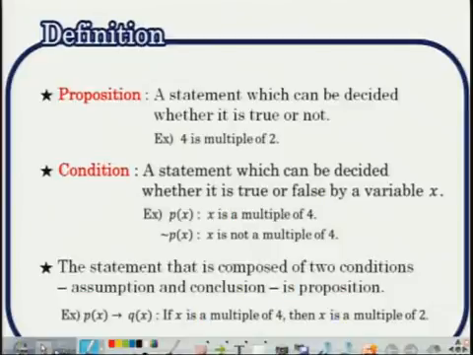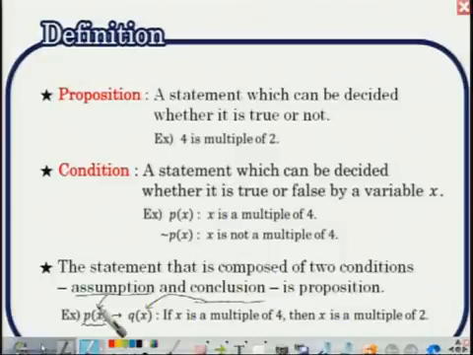A statement that is composed of two conditions, an assumption and a conclusion, is a proposition. For example, this p(x) is a condition that is the assumption, and this q(x) is also a condition, which is the conclusion.